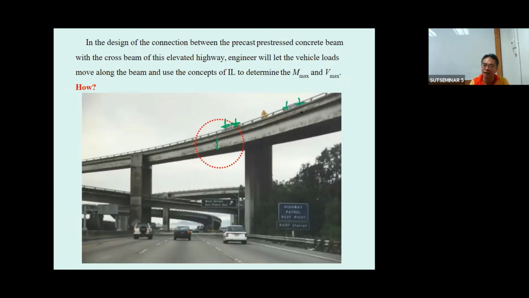In the design of the connection between the precast prestressed concrete beam, this portion of the beam and this portion of the beam with the cross beam, for this elevated highway, you as an engineer must let the vehicle load move along the beam again, and then use the concept of influence line diagram to determine the shear force.